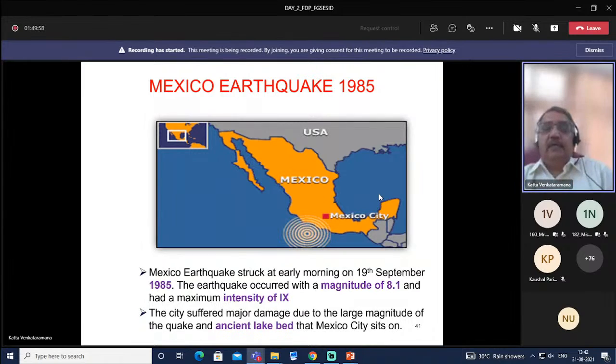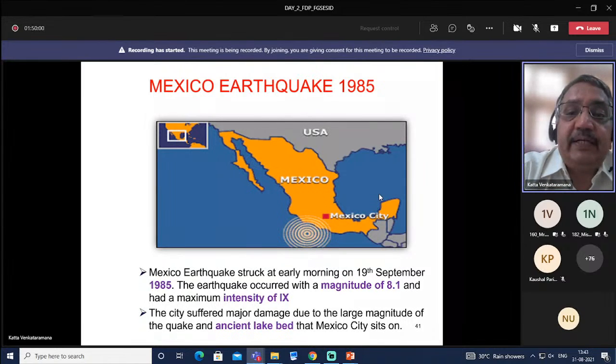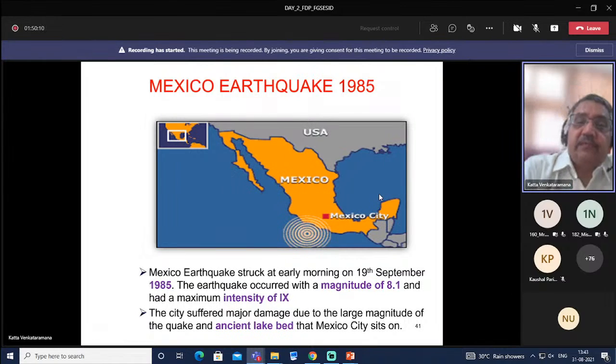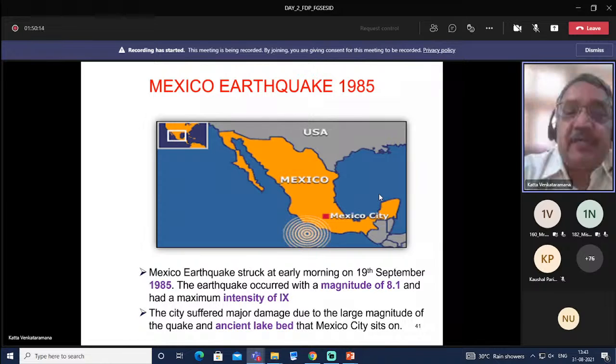1985 Mexico earthquake. The Mexico earthquake also reinforced the effect of liquefaction, and also the magnification of seismic waves when those waves pass through the subsoil.